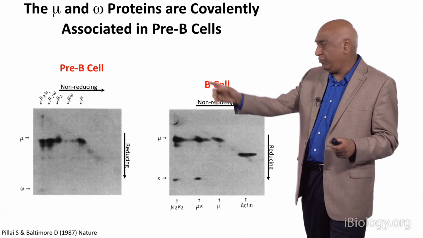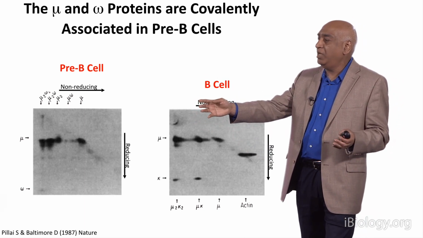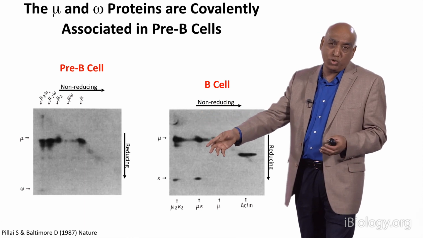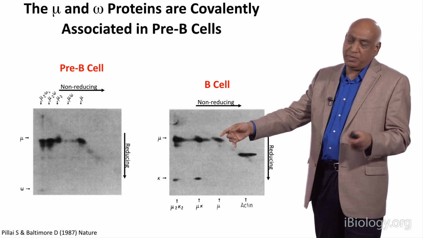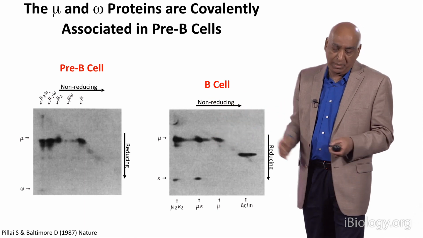Okay? If you do this experiment on a B cell, this was, of course, the traditional way of looking at things, you found heavy chain with kappa. So we form mu2 kappa2 dimers, tetramers basically, or just mu kappa dimers or mu2 alone. Okay?